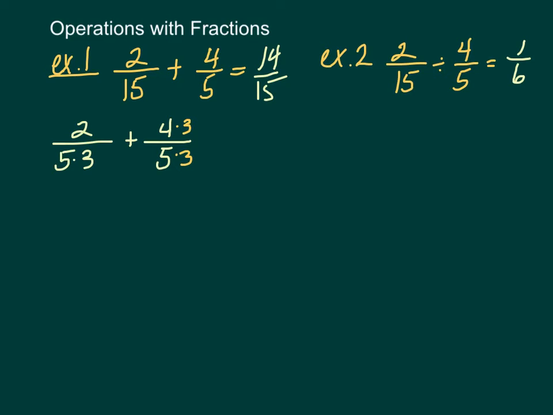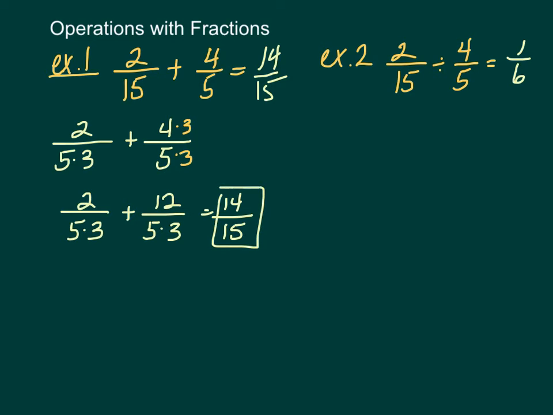The idea is I don't really want to change 4/5, I just want to change how it looks. So if I multiply by 3 over 3, that's like multiplying by 1, and I haven't actually changed the number. So this becomes 2 over 5 times 3 plus 12 over 5 times 3, which becomes 14 over 5 times 3, which is 15.